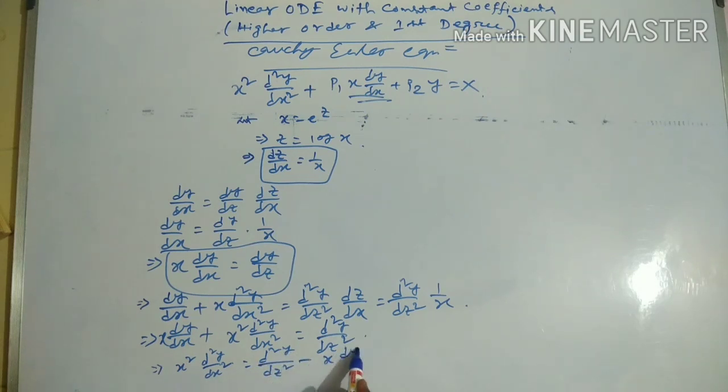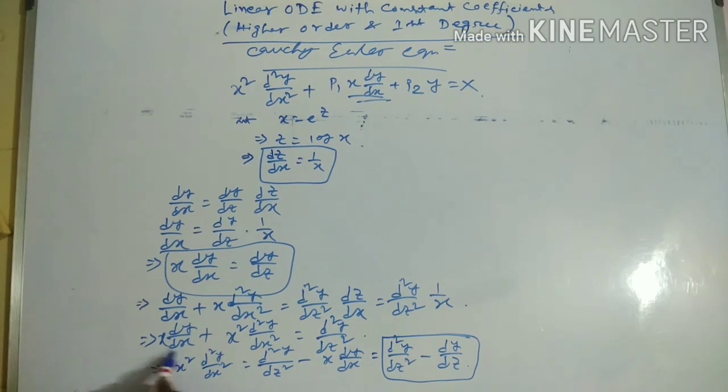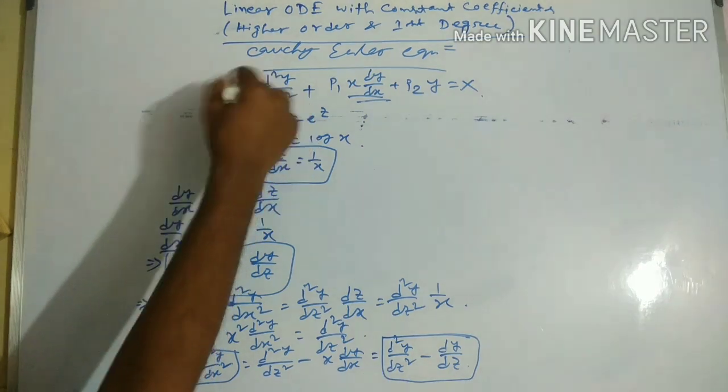Now x square d square y dx square will be d square y dz square minus x dy dx. I have transferred this to the right hand side and I will put the value of x dy dx, which is dy dz. So this will be d square y dz square minus dy dz. This is the value of x square d square y dx square, which can be put here.